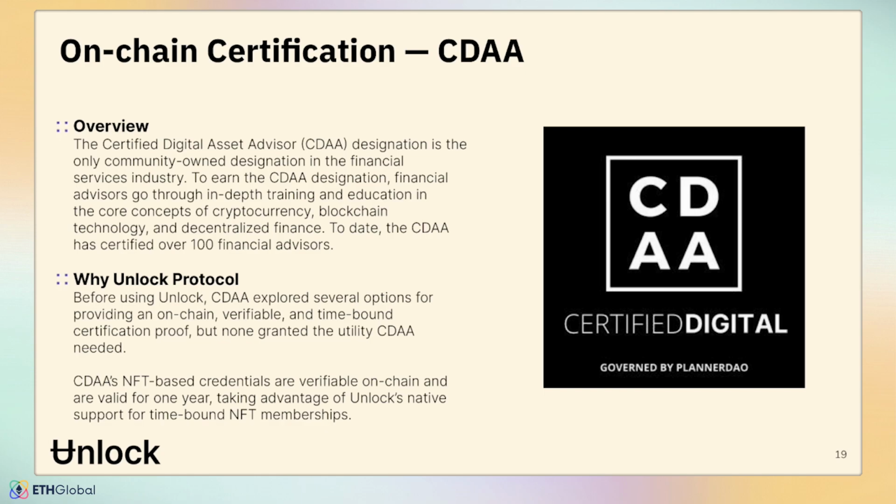To date, they have certified over 100 financial advisors that went through that curriculum and in the end received one of these NFTs as a proof of completion. What's interesting about these NFTs is that they can be added, for example, to a LinkedIn profile as a way to show your potential customers that you are certified.